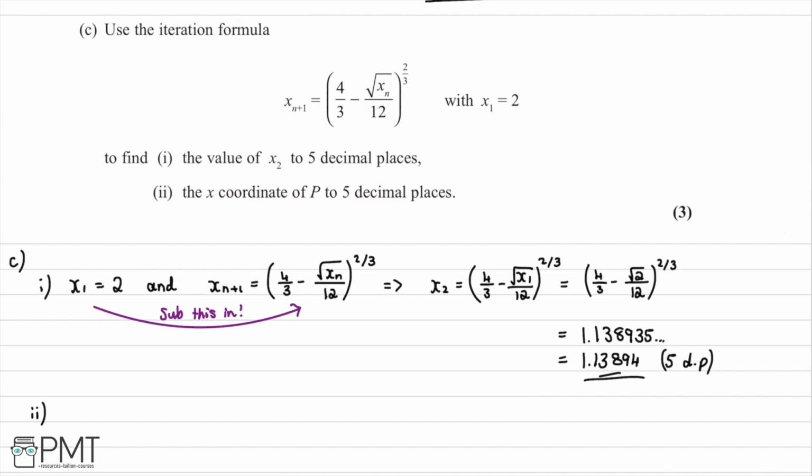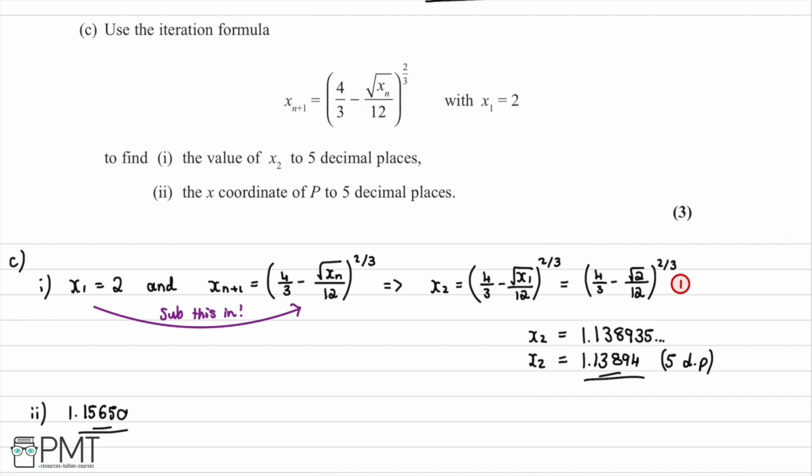So therefore, you do this in your calculator, and this comes out as 1.15650. And that's us completed this question. There were 3 marks on offer, and we pick up our first mark for knowing to substitute our values into the equation here, and we then receive our second mark for working out what x2 was.